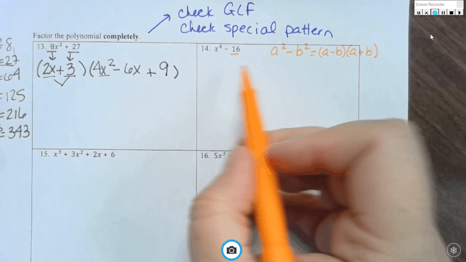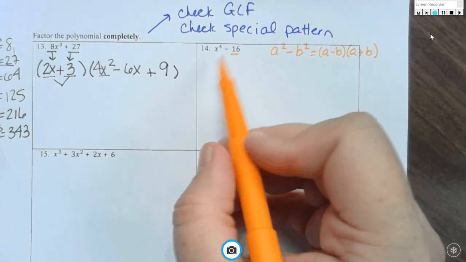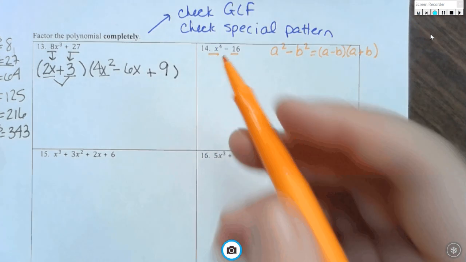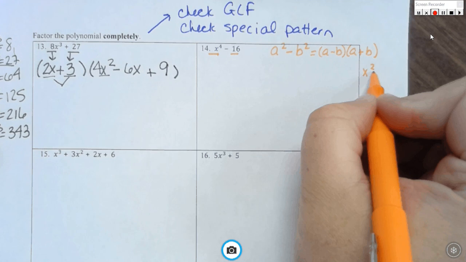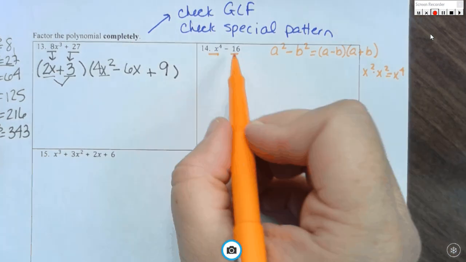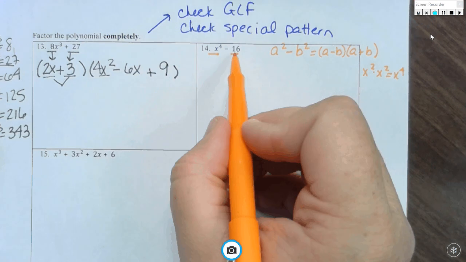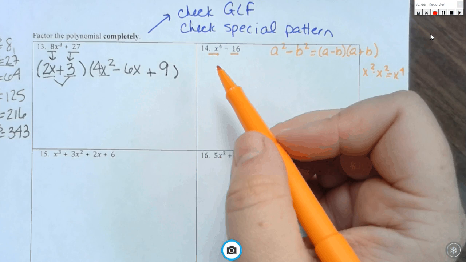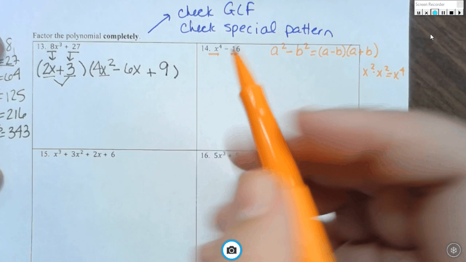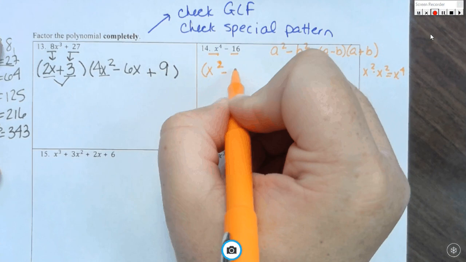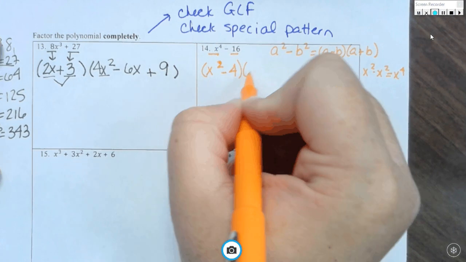So looking here, is there anything that multiplies twice to give me x to the fourth? Well, yeah, x squared times x squared is x to the fourth. And is there anything that multiplies by itself to give me 16? The answer is yes. 4 times 4 is 16. So this factors as x squared minus 4 times x squared plus 4.